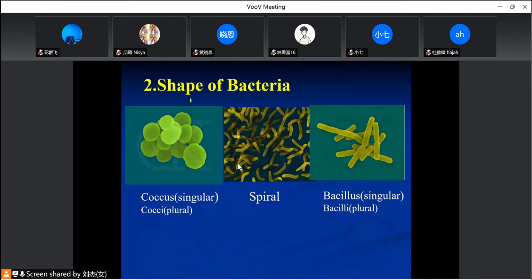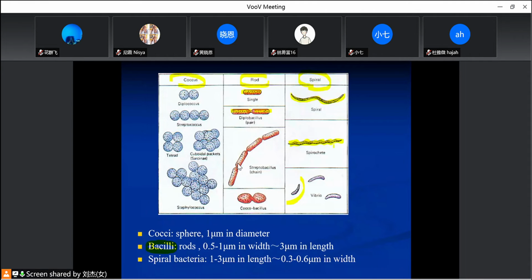Okay, and then let's continue to see the shape of the bacteria. We have a picture here to show you three of them. You can see here the coccus: sometimes two bacteria are connected together, sometimes four, and sometimes eight, and even lots of them join together.